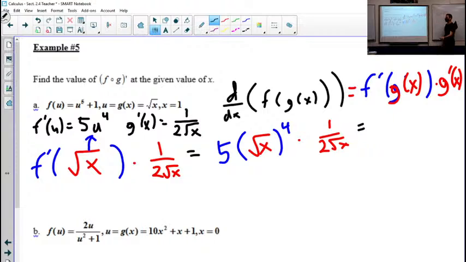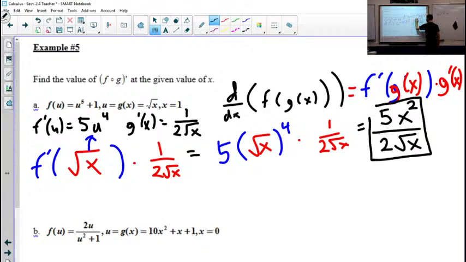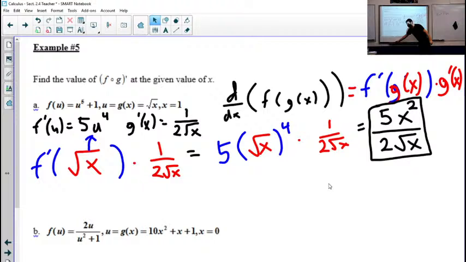Well, we can square and square again. Square root of x squared is x, and then squared. So we have 5 x squared over 2 square root of x. That's how we'll leave it.